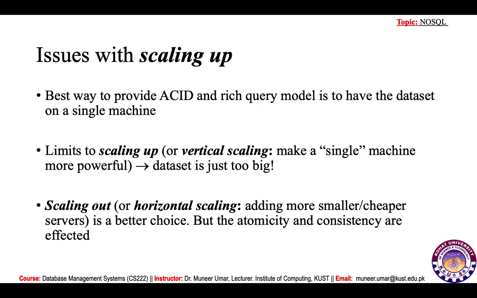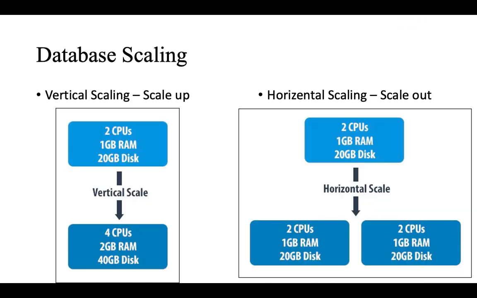Then issues with scaling up. Actually, we say that scaling up is an ideal situation for RDBMSs, because the entire database would be in a single server. So that would be a bit better situation for relational databases, while in case of the parallel systems, the performance of relational databases may degrade.